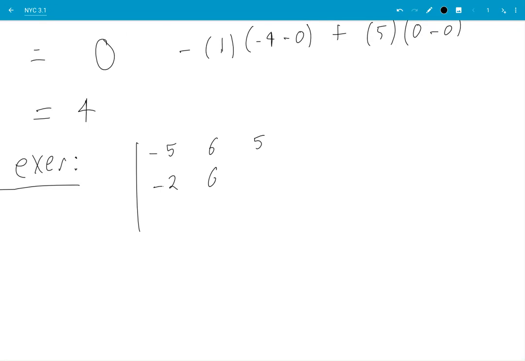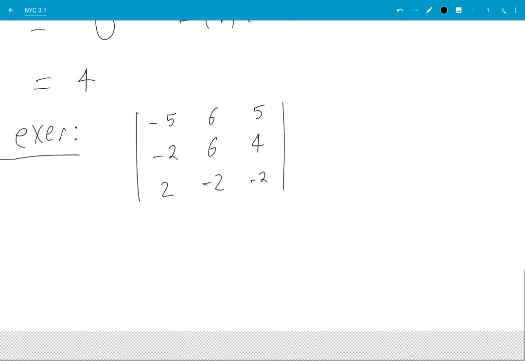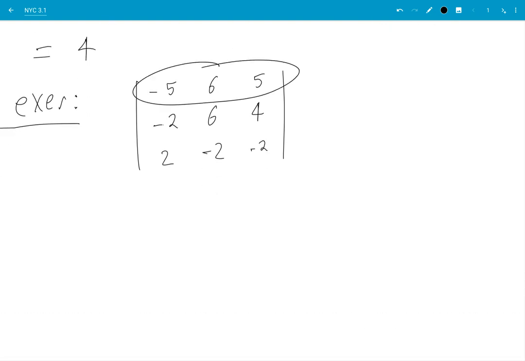The matrix has rows 5, 6, 5; -2, 6, 4; 2, -2, -2. It equals, well, pause, copy, and try. The answer is, let's do this one, again using the top row.